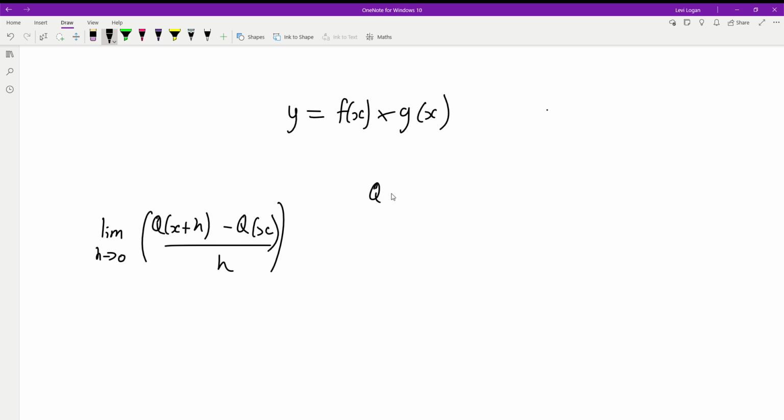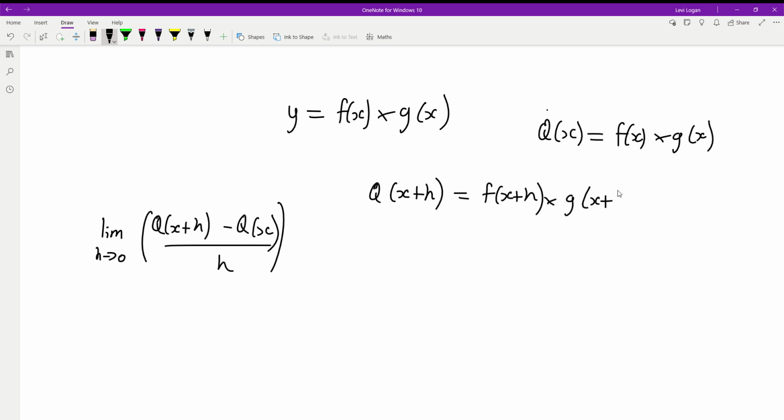So that means q of x plus h. So q of x is f of x times by g of x. So that means q of x plus h is going to be f of x plus h times by g of x plus h. Okay? So we can plug this guy in here, and we can plug this guy in here.